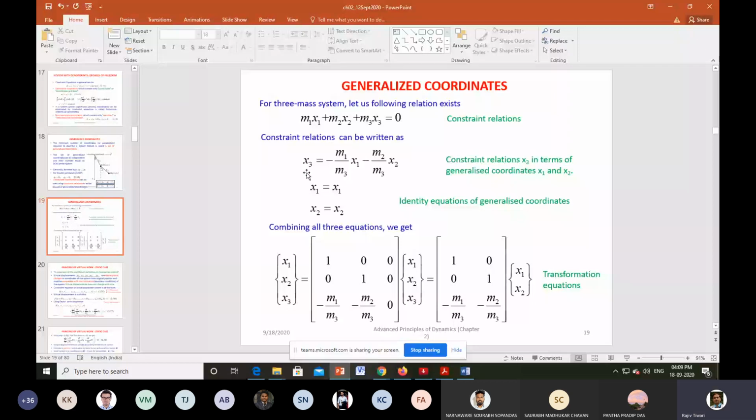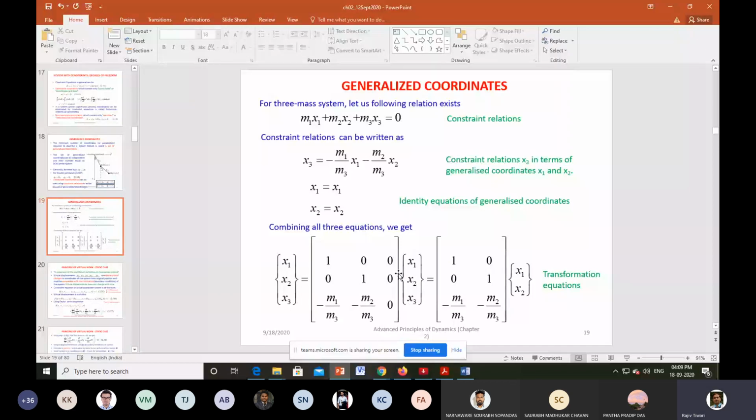This is one of the relations. The other identities are x1 is equal to x1, and x2 is equal to x2. So we have these equations, and we can combine them in a matrix form like this. On the left side we have x1, x2, x3, and the sequence of the equations is first, second, and third.